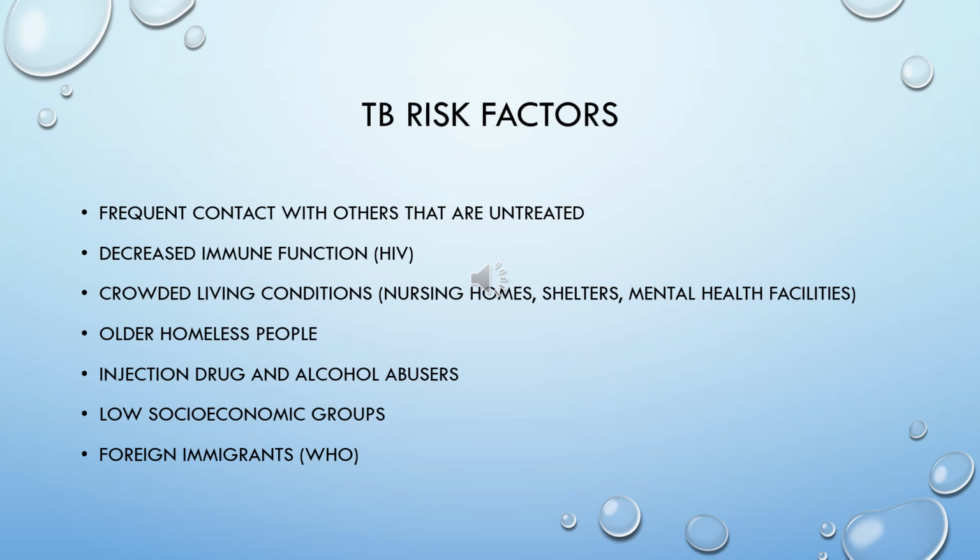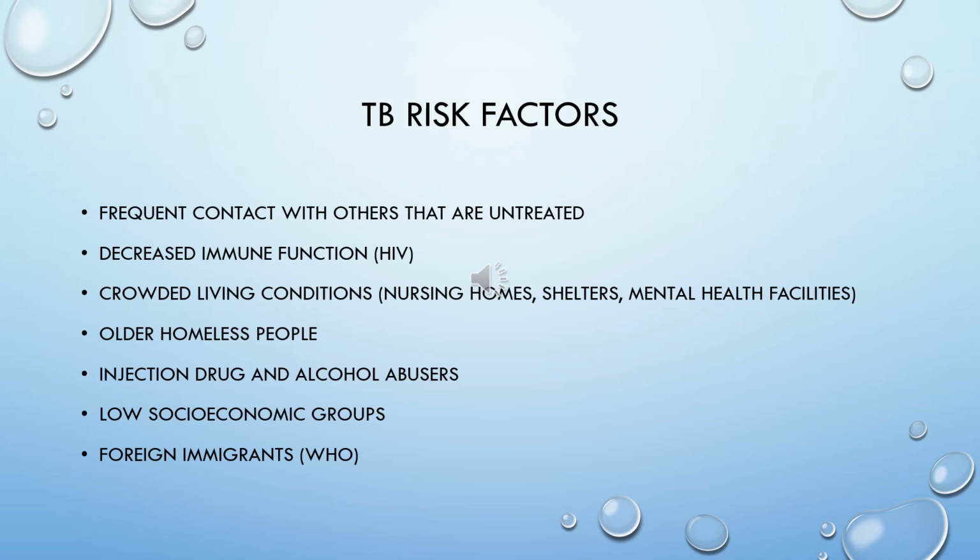Already mentioned this, people with decreased immune function or who are immunocompromised, like patients with HIV, chemotherapy patients, other people who may have immunological disorders, and crowded living conditions like nursing homes, shelters, mental health facilities. If you think about the way this disease is spread, that's why this is a risk factor.